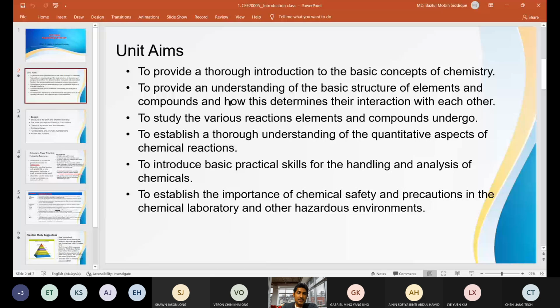All right, we will learn that. This is our aim as well, and the various reactions of elements and compounds that we will, of course, try to investigate.